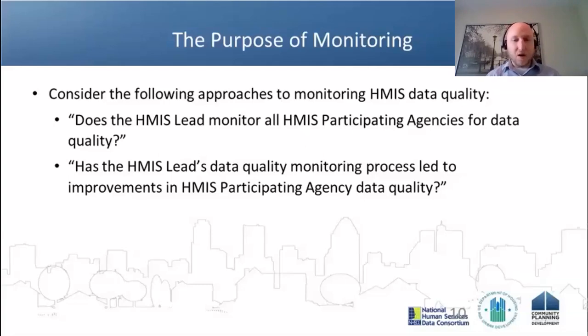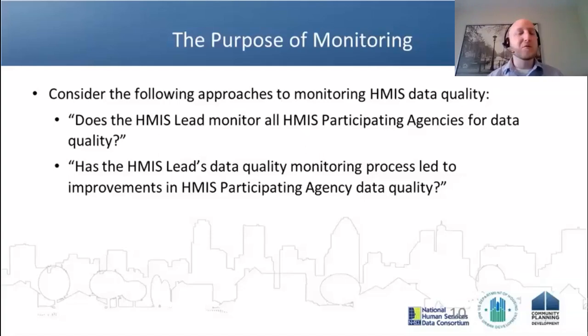If the answer is no, we as HMIS leadership, as participating agency leadership, as COC data leadership can start to think about, do we have the right incentive structure for appropriately treating and prioritizing data quality? Do we have penalties? Penalties is a strong word. Do we have enforcement mechanisms, let's say?